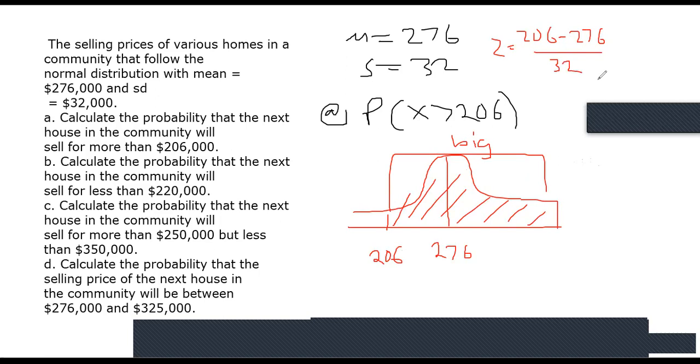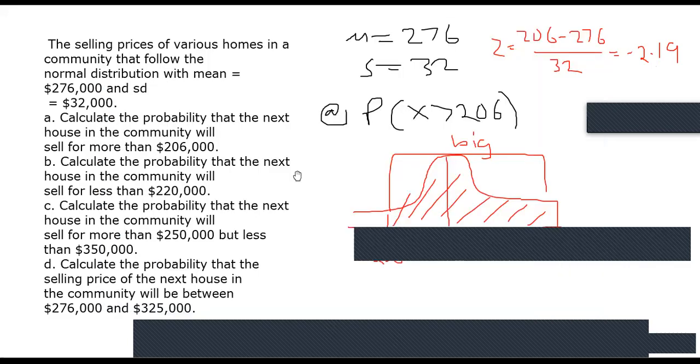What are we getting? 206 minus 276 divided by 32, we get negative 2.19, rounded off to the nearest 2 decimal places. So let's read in the table 2.19. What is the reading for 2.19?